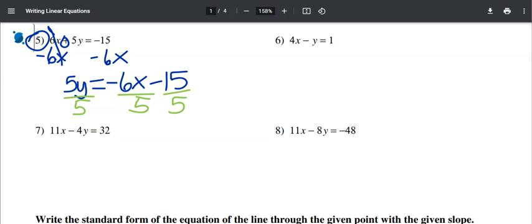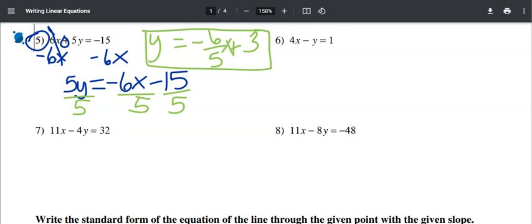When I do this, I end up with y equals negative 6 over 5 x plus 3. Forgot the x. And that is my slope-intercept form: negative 6/5 x plus 3.